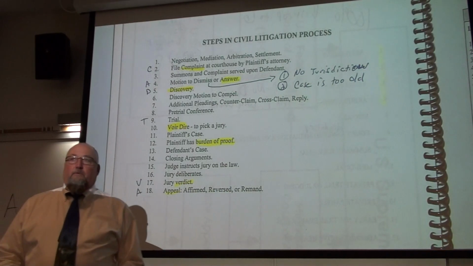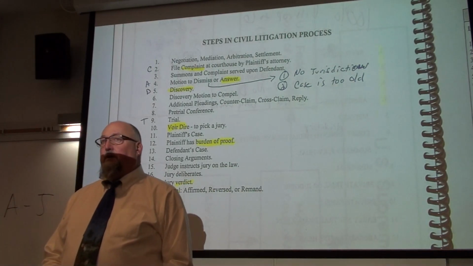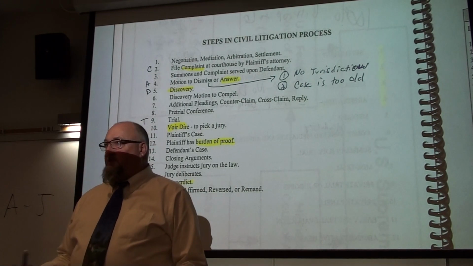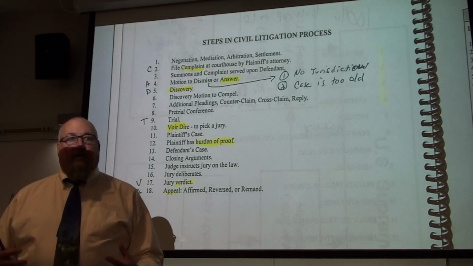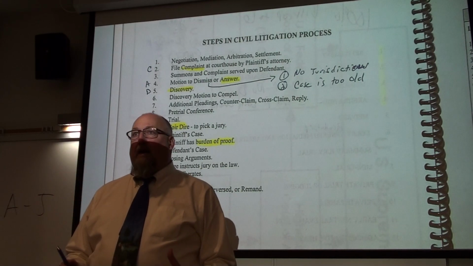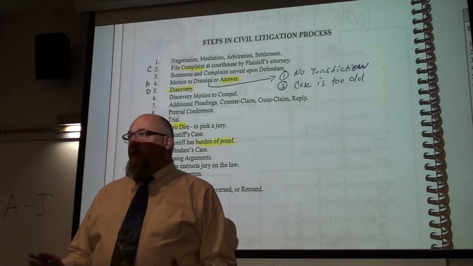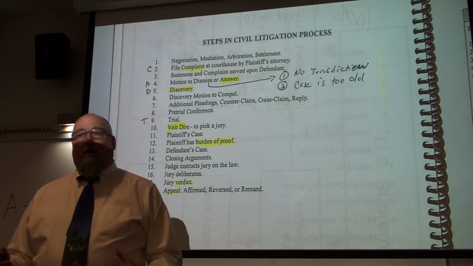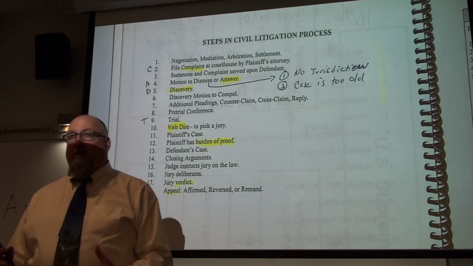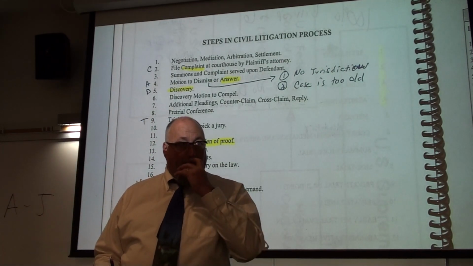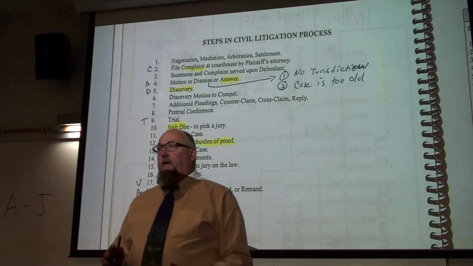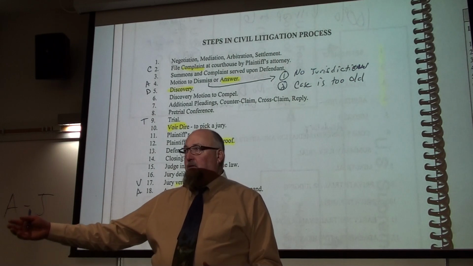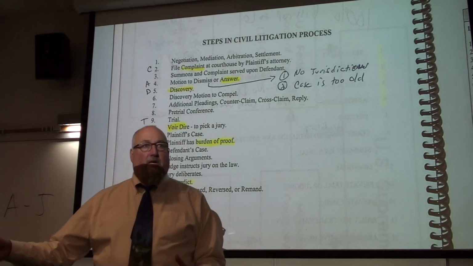So the term discovery refers to the process of a civil lawsuit where the lawyers for both sides engage in investigation and learning about what evidence there is, what witnesses there are, what documents, photographs, videotapes, police reports, tax returns, all that kind of stuff, whatever's relevant to the case. This also allows the lawyers to get information from the other side in the lawsuit through the discovery process.